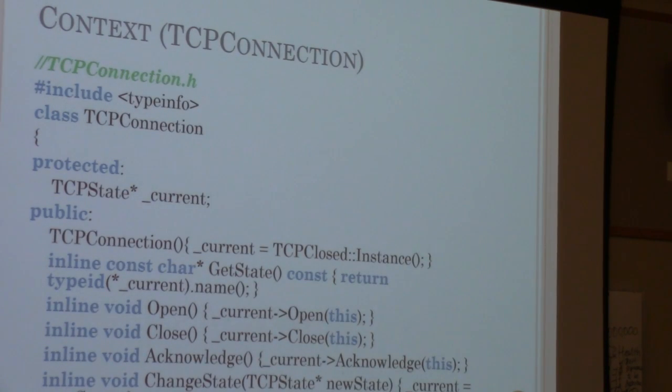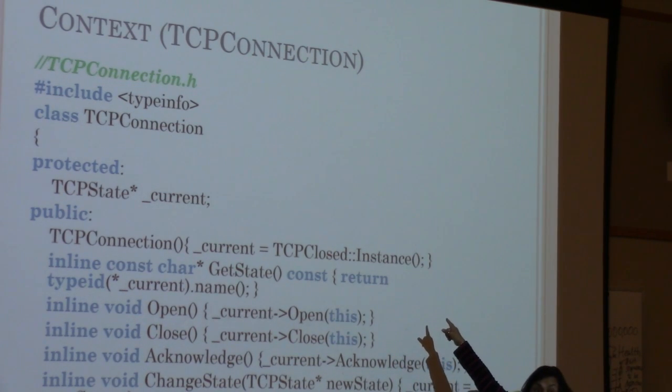And then you have your TCP connection that has a pointer to the base class and it's calling it current. So what is the current state, right? In the constructor, we are setting the current to closed because that's our starting state, right? So it is pointing to a TCP closed.